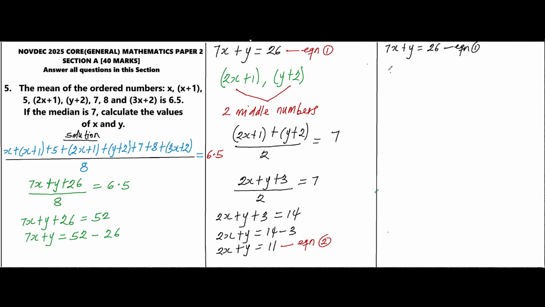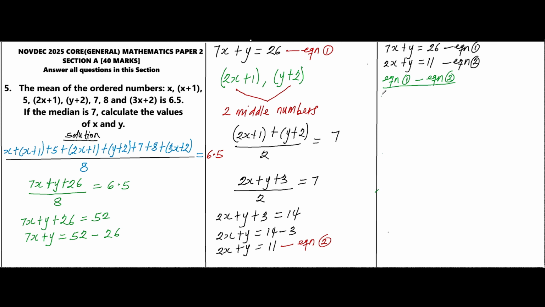And then for equation 2, we have 2x plus y equal to 11. So I'm going by the elimination method. I think we can easily eliminate y. So to eliminate y, we can say that equation 1 minus equation 2.